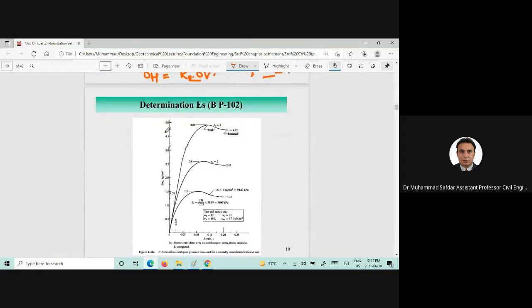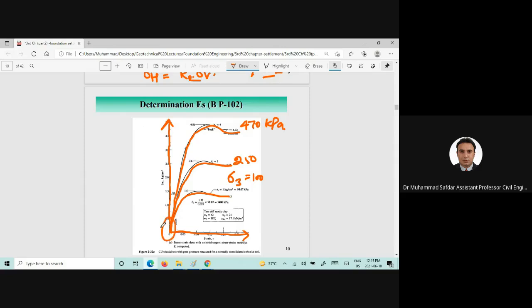The degree of confinement, which I explained earlier briefly: if we increase the sigma 3, if it's 100 kilopascal, 250 kilopascal, and 470 kilopascal, then you will see that the stress strain behavior would be different, and the modulus of elasticity, or the secant modulus of elasticity, would be different.